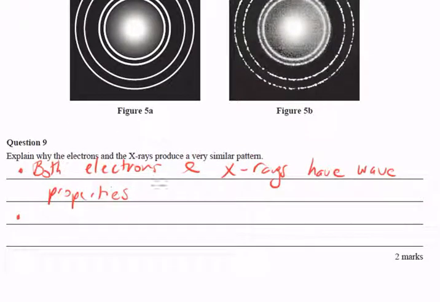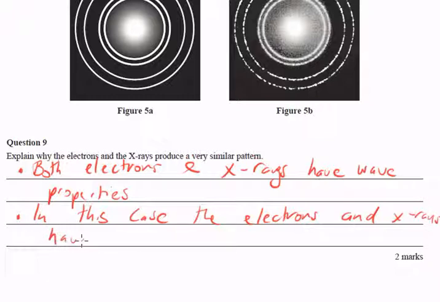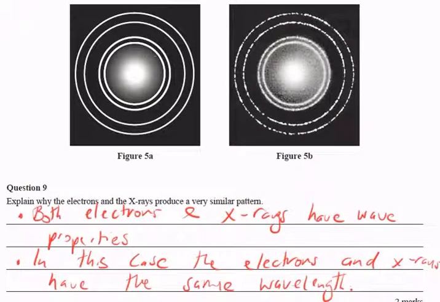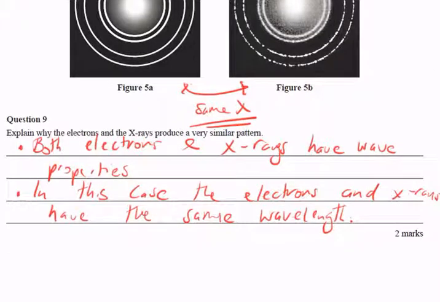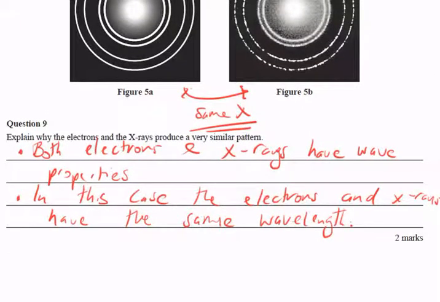That's because the electrons and X-rays have the same wavelength. It's going to be helpful for the last question in this series.